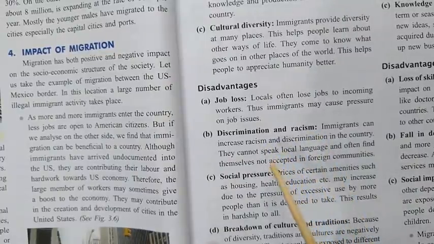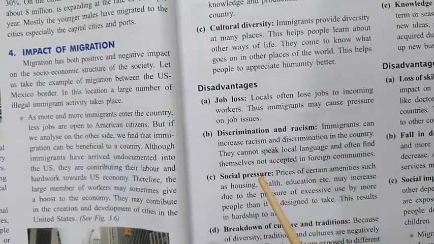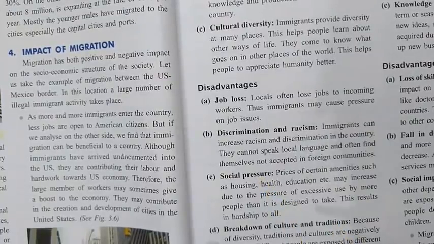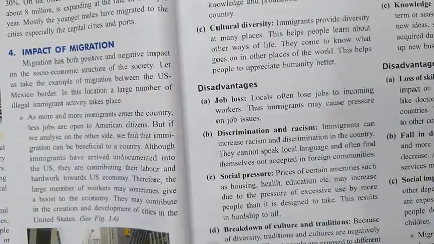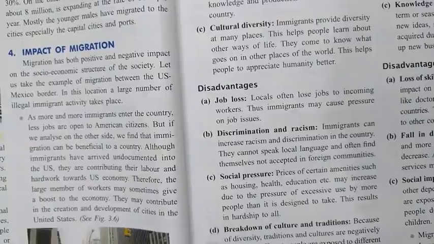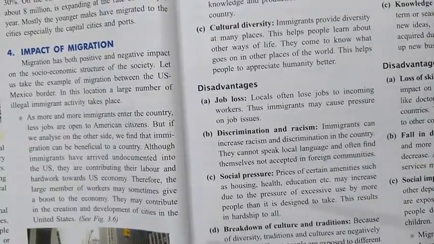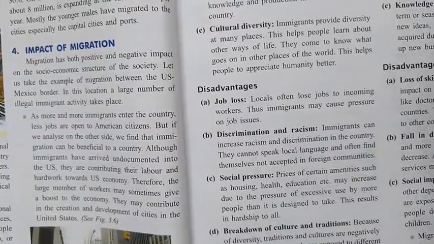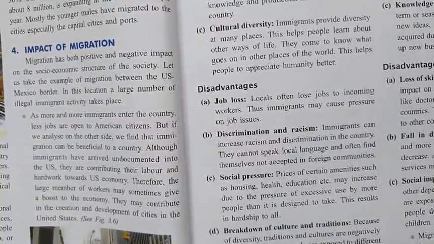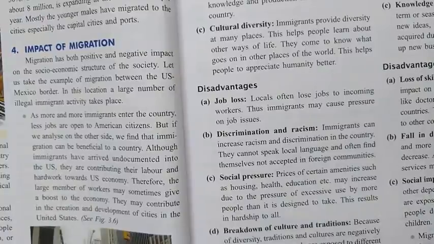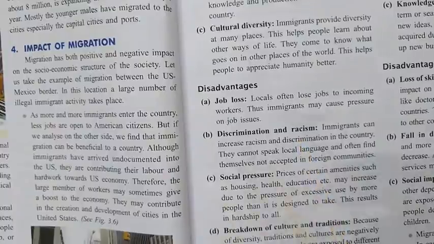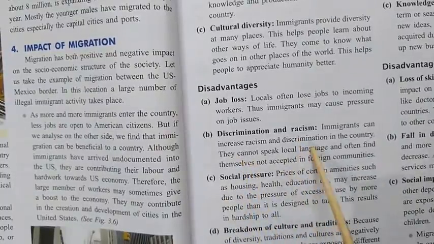That's why you can find in countries like the UK or USA, some of the local people, some of the residents of these countries, hate Indians. Why? Because they are very hardworking. They don't spend so much time just spending their money on different types of things, and that's why this type of discrimination and racism starts developing among the local people.